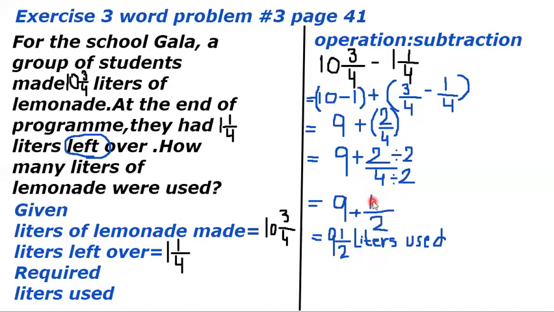If you have 1 liter and you divide 1 liter into 2 parts, out of 2 parts, 1 part is used. Out of 2, 1 part gives us the sense of half liter. Because you divided 1 liter into 2 parts and the lemonade used is 1 part out of 2. It means half liter is used.